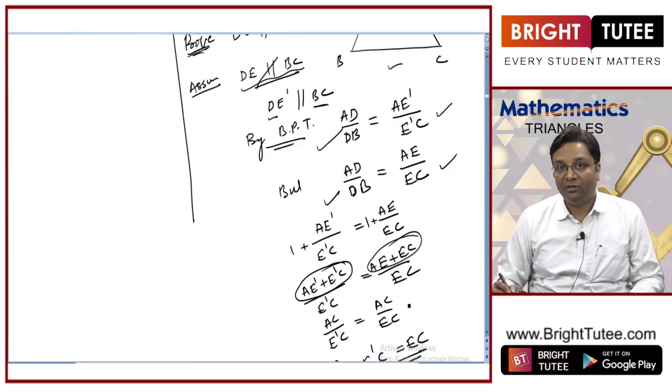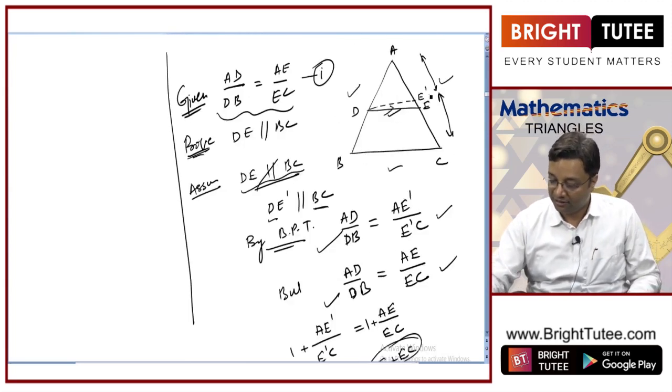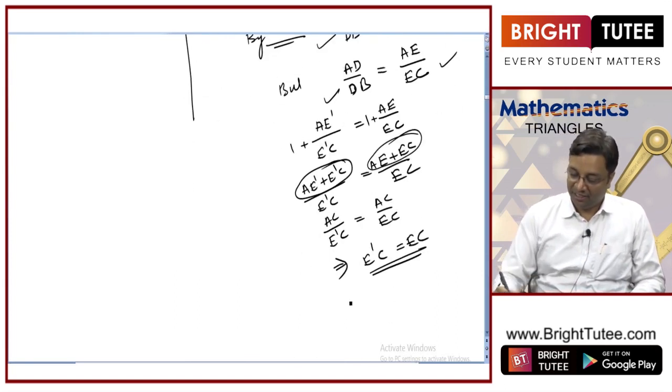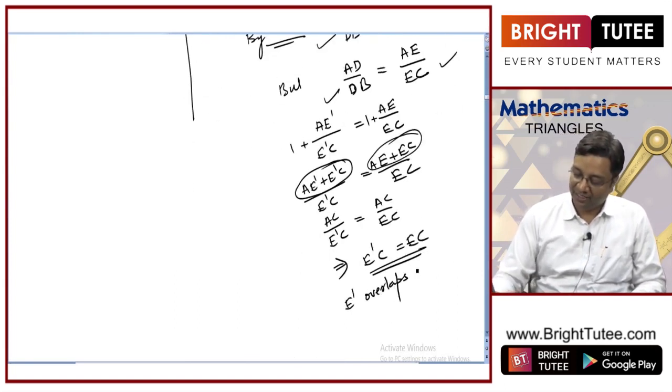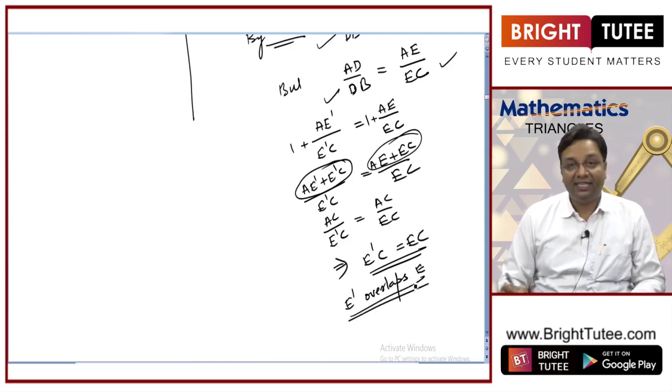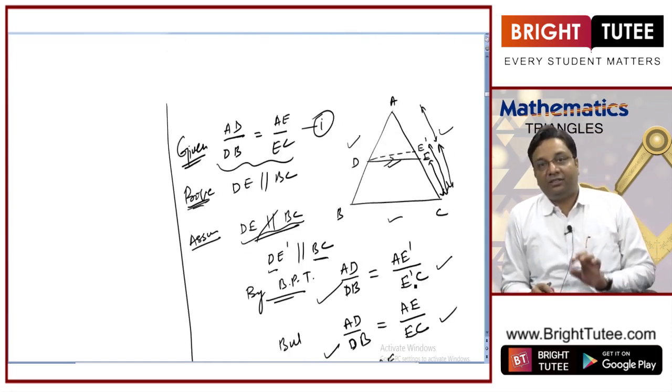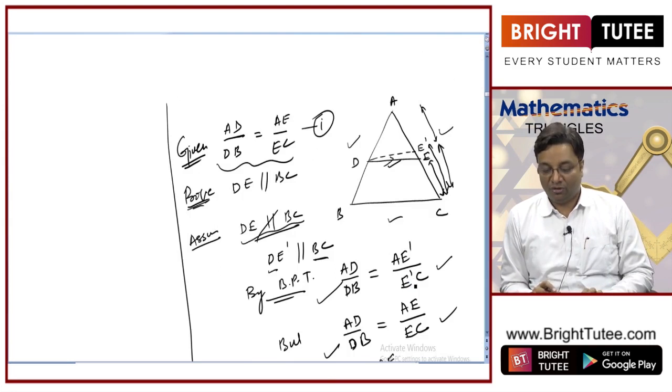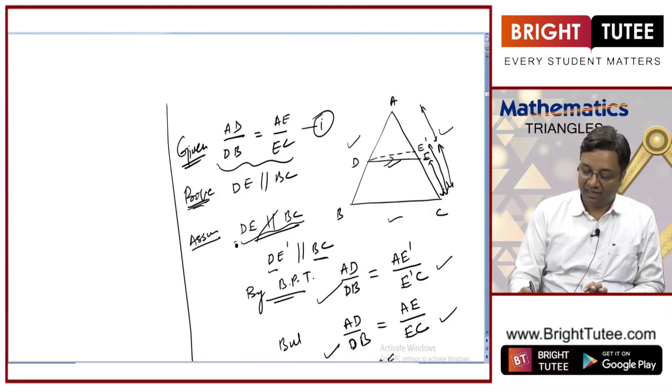And how can these two portions be equal? E dash C and EC can only be equal if E dash overlaps E. That is, E dash and E are same points. These are not two different points. Hence, our assumption was wrong.